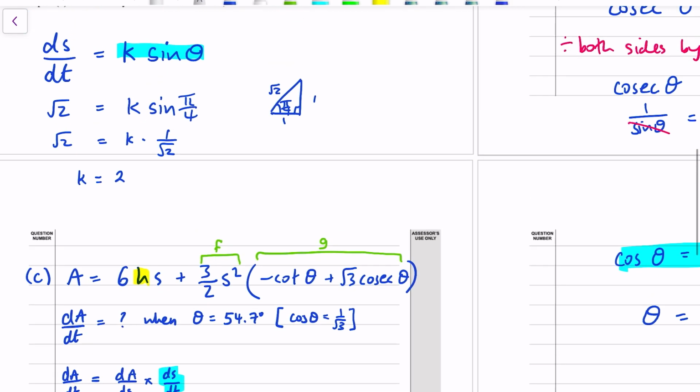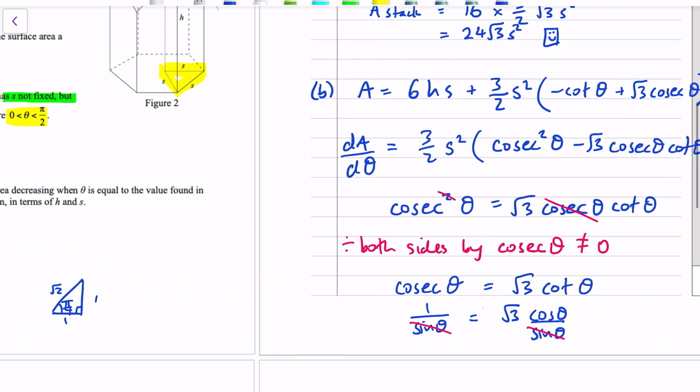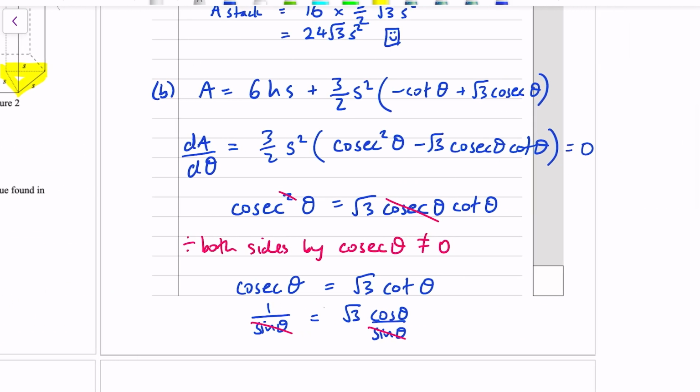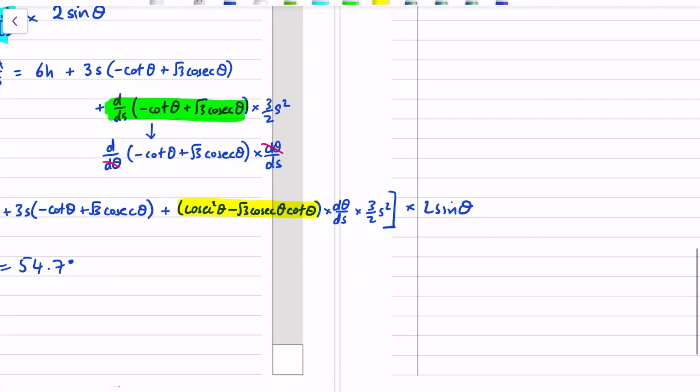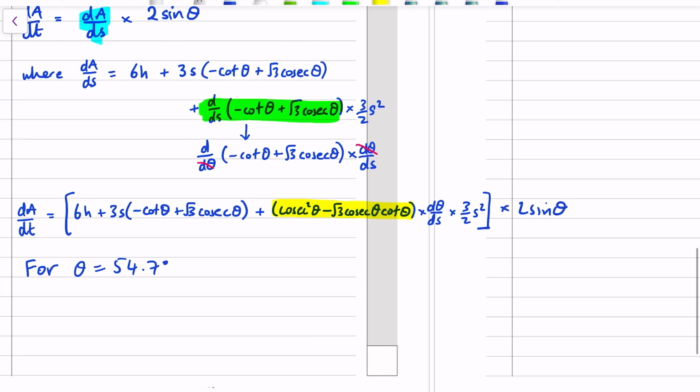So if we go back to that original problem where we optimized the surface area, we solved this bracket here equal to 0. Cosec squared minus root 3 cosec cotan. Okay, so that whole thing's equal to 0, meaning we don't need d theta ds.